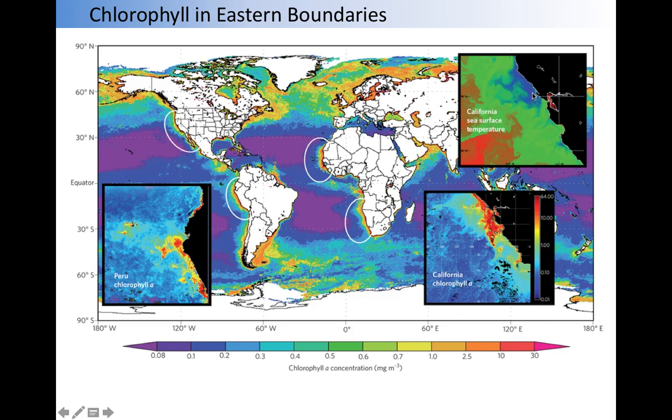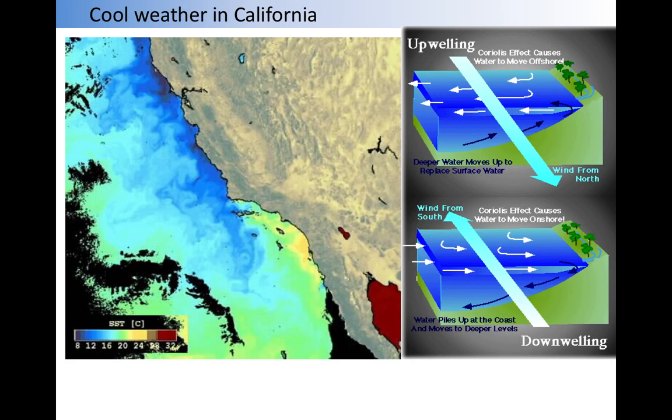Cold water, particularly upwelling, generates chlorophyll concentration abundance related to phytoplankton blooms. So we can think about why that happens. When wind blows parallel to the coast, water moves to the right of the wind, and due to mass conservation, bottom water surfaces.